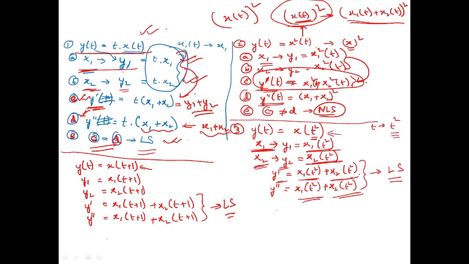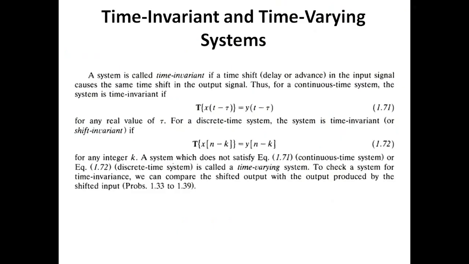So here your input is basically x1 t square plus x2 t square, and that's why you have got this one. So this is a linear system, and this one we have already discussed in the previous slide, so I am not continuing with that again.